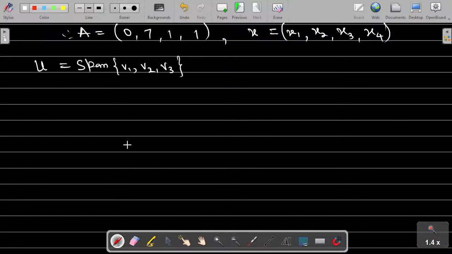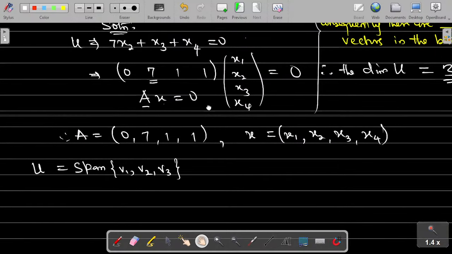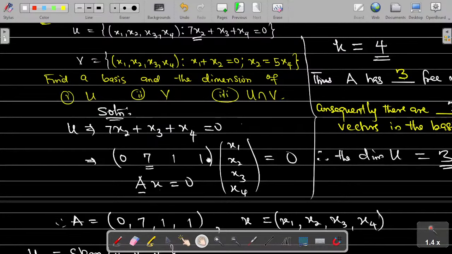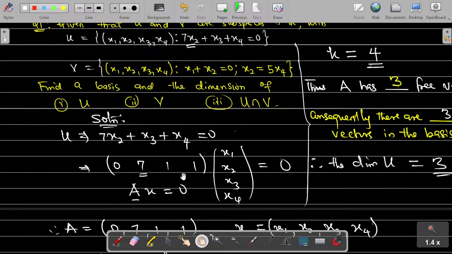Remember that our u, let me come up here. So remember that our u is this set here, that generated this particular matrix.